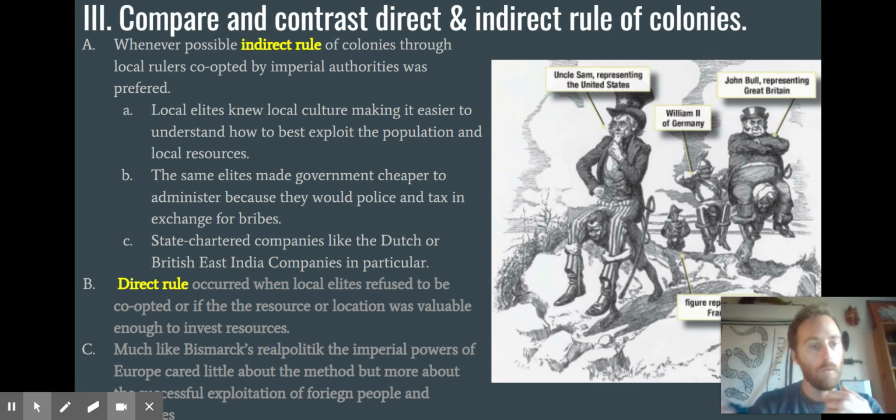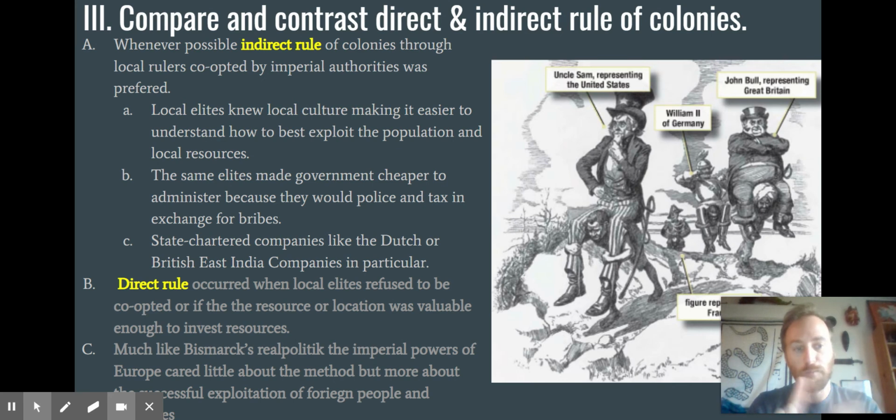In indirect rule, in imperialism, colonies have local rulers, which are kind of co-opted by the imperial authorities. So basically, you might have a king who's still the king once the British or the French or whoever come in. But now they're being paid by the empire to collect taxes and to mine diamonds, for example, or mine gold, or grow sugar on plantations.